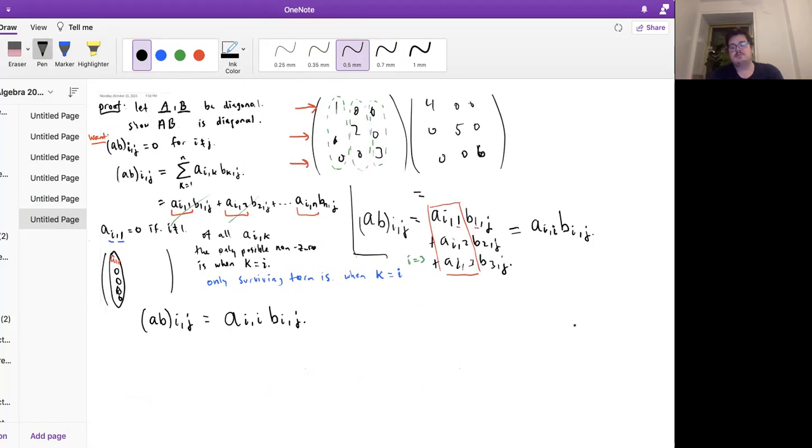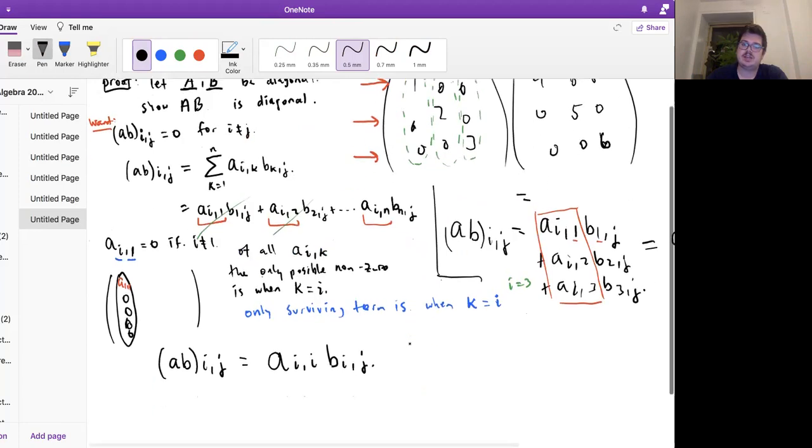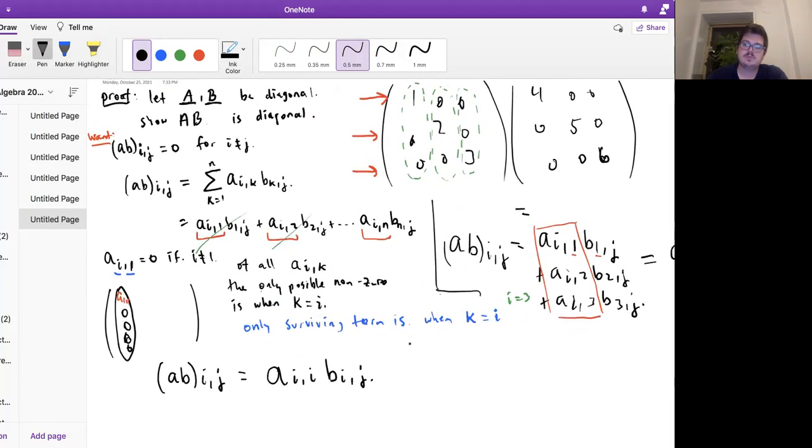The analog in the n by n is that, of all these terms, only one thing is going to survive, whatever term is in the diagonal in A, which is A_ii. Then we have B_ij. So is the jump to the n by n better?